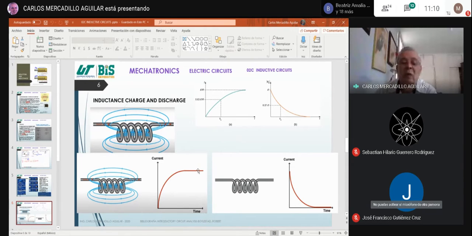The maximum value will be the voltage E divided by the resistor R, because at that moment the resistance of the coil is zero, because there is no opposition at all. It's like a plain wire of copper with very little resistance, much less than the filament resistance.